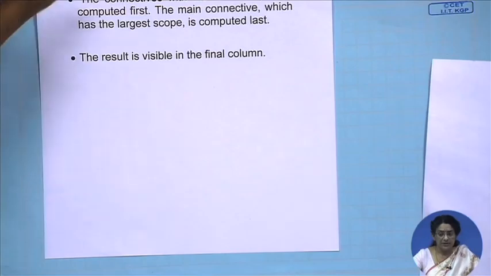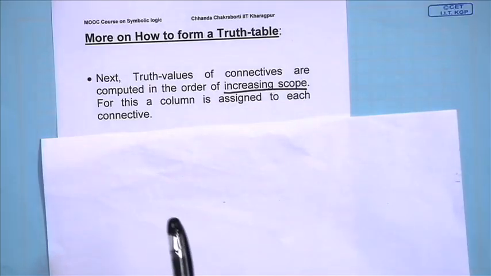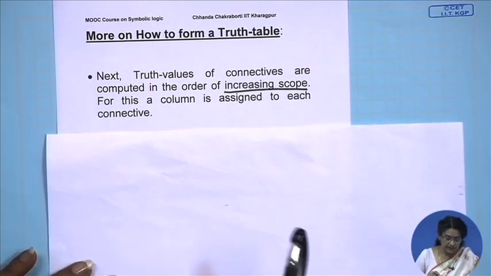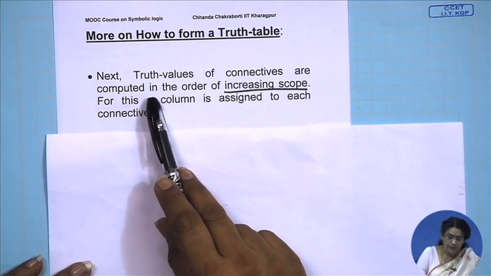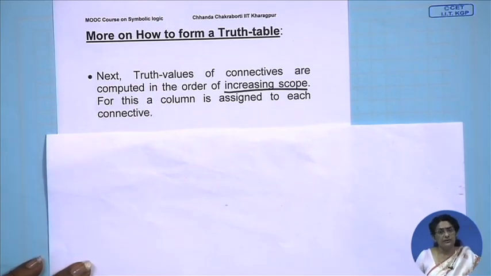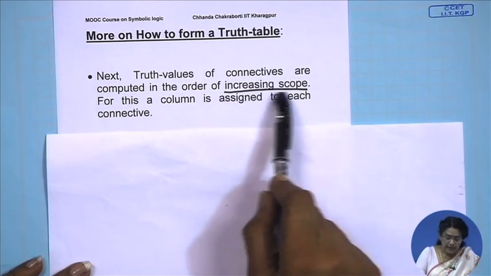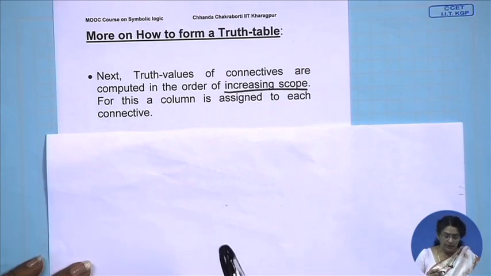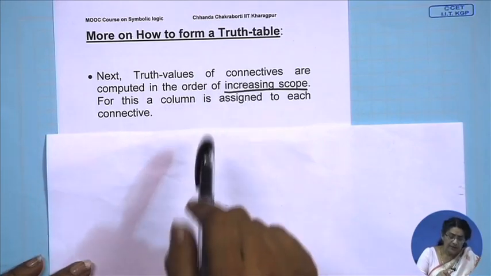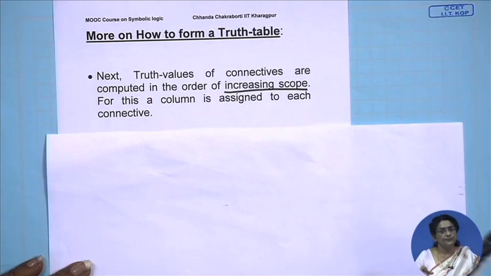And then comes the remaining part. This is how to construct the reference columns, and then what columns do I have to do? The answer is, you slowly take up the connectives that are present, the components that you have inside, and these are to be computed following the truth tables that I have shown you of the connectives, in increasing scope, and for each of these connectives you need to assign a column.